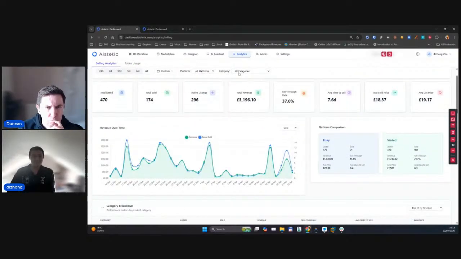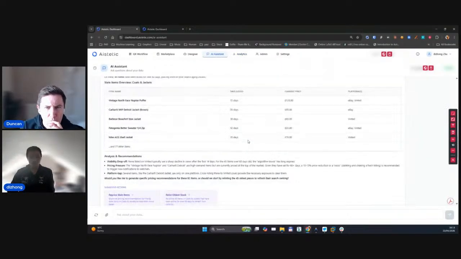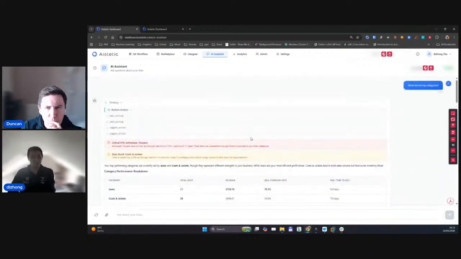So that's the basic analytics. And we're also going to show the AI assistant. It's going to be released this week. We're actively testing it now, and we're getting ready to release it. Basically, you have a ChatGPT experience.